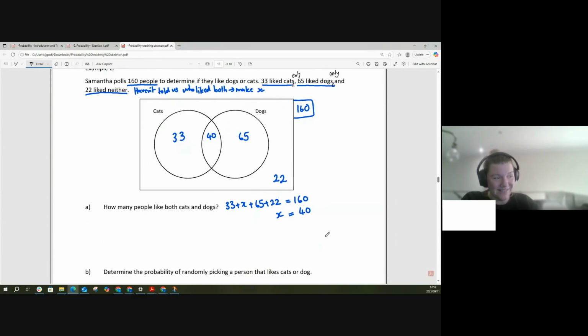Okay, next one. Yanda's going to kill me again. Determine the probability of randomly picking a person that likes cats or dogs. Let me add in here. I'll just keep on adding things to make it more specific, to make them less infuriating.